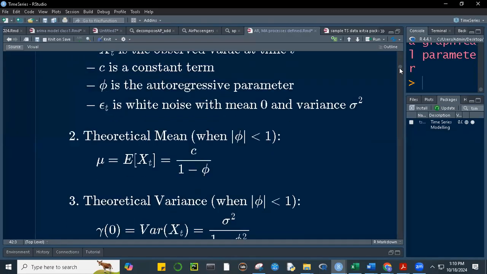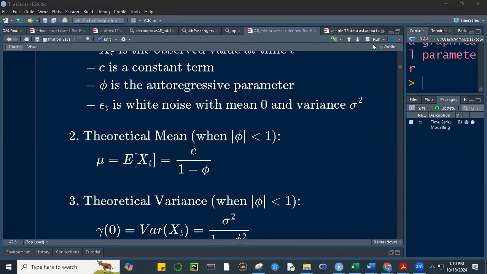Now, we want to know what's the theoretical mean. The theoretical mean, class, is different from your empirical or average, class. Because you can get the average of x sub t, right? Just get the mean of this. The average of x sub t, that's called your empirical mean, is not the same as your theoretical mean.